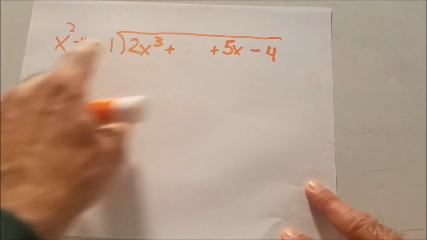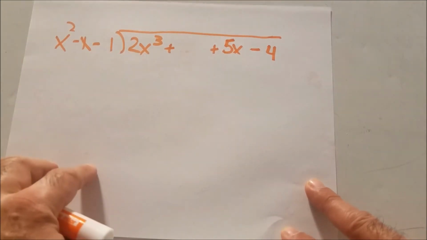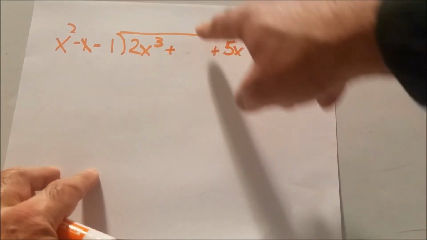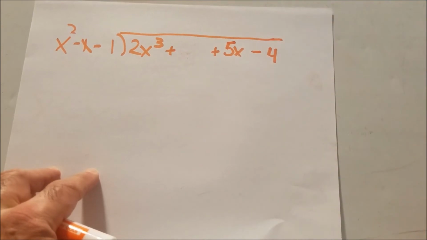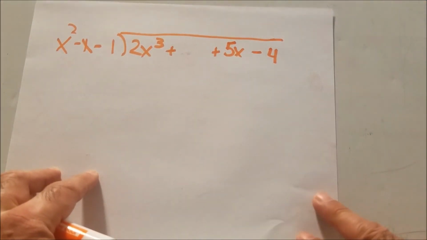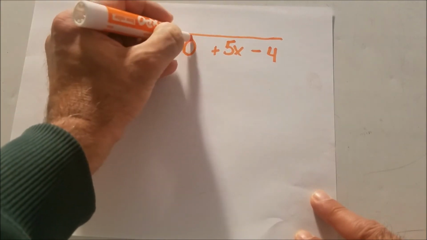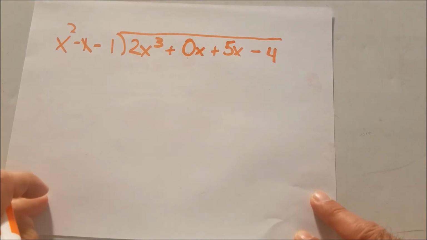And we have 3 terms, so we know we should start here. Remember, when we had 2 terms, we started on the second term when we divide. Now we have 3 terms, even though one's missing. So again, you can leave it blank, or most people put a 0x up there. Whatever you're comfortable with.